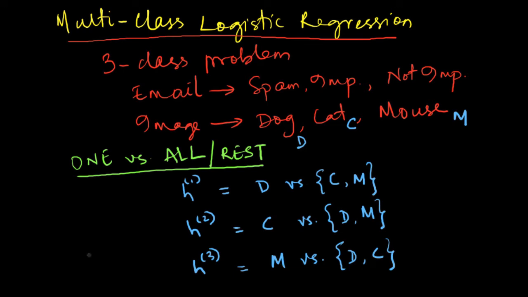And now how do you decide which category a particular image lies in? You take the maximum out of these three. So now your H is equal to max of H1, H2 and H3.